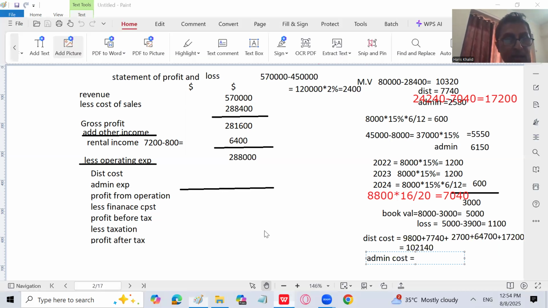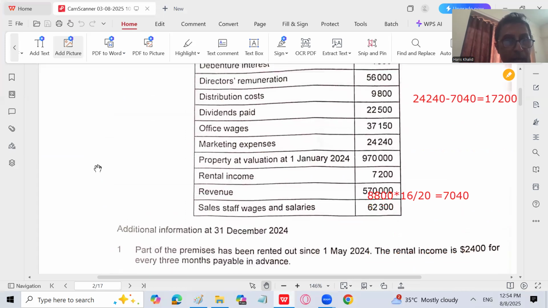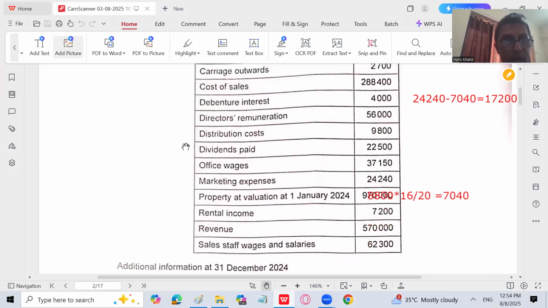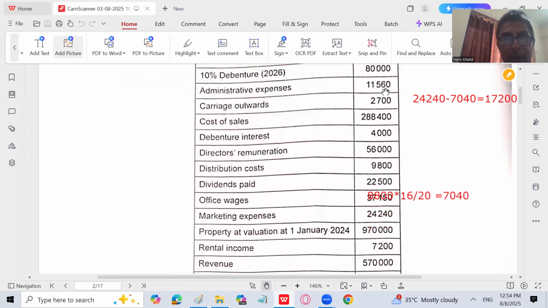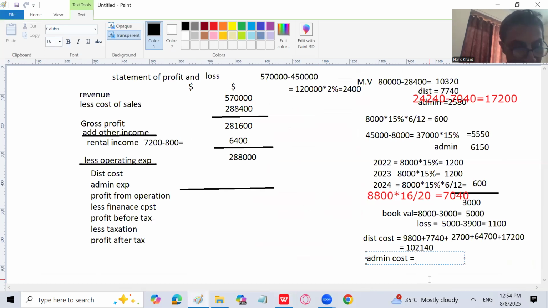So admin expenses are given already above, which is going to be how much? That is 11,560. And director remuneration is a part of admin expenses, which is 56,000. So I'm going to write 11,560 plus 56,000. Sir, how are you writing director remuneration in admin expenses?